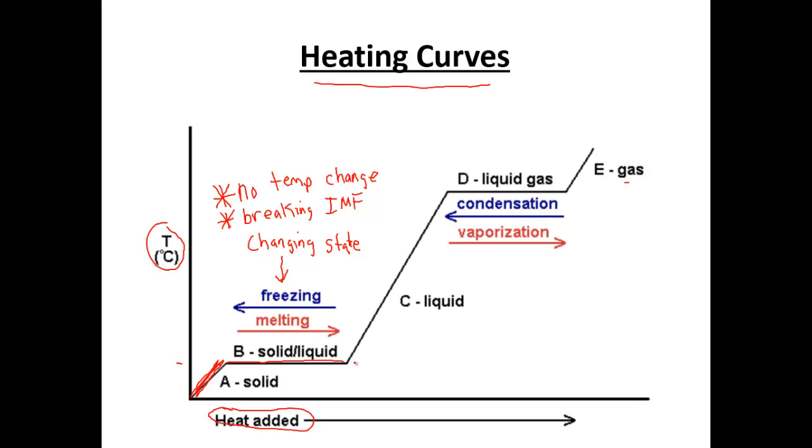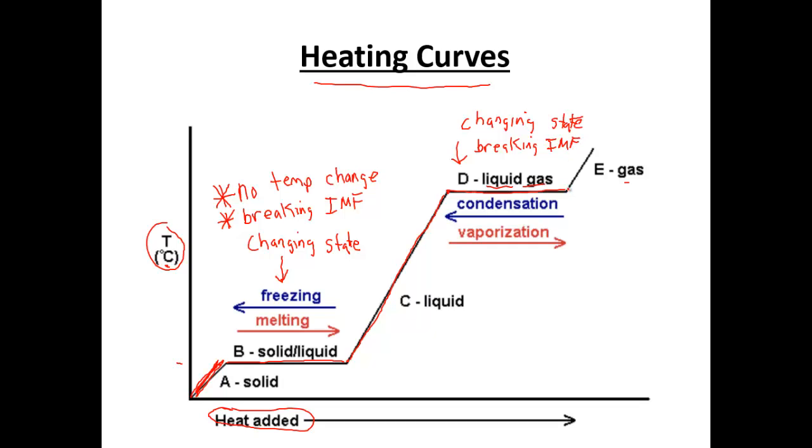Now, once they're all broken and we're at a liquid, notice that our temperature can now increase. So after we're a liquid, temperature can continue to rise as heat's added till we get to the point when vaporization, going from a liquid to a gas, can occur. And once again, we're changing state. And as we change the state of matter, we're breaking those IMFs, and it's causing us to go from a liquid to a gas.